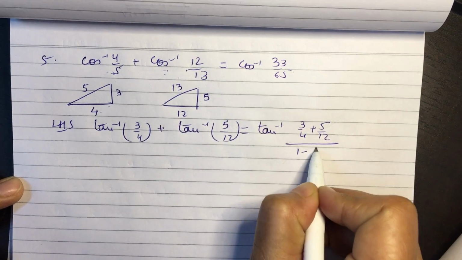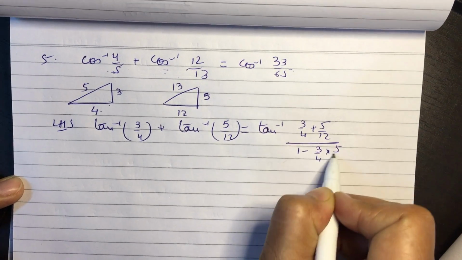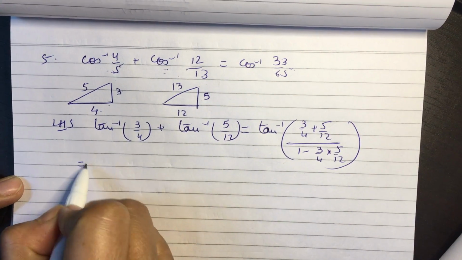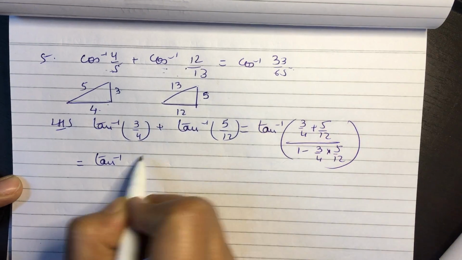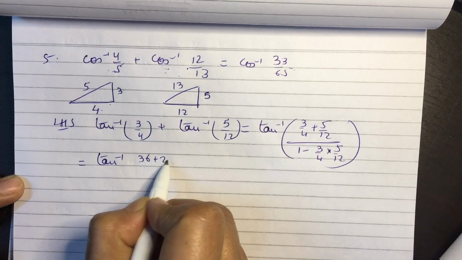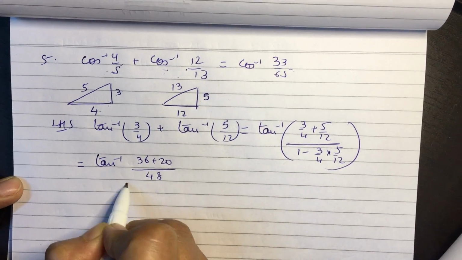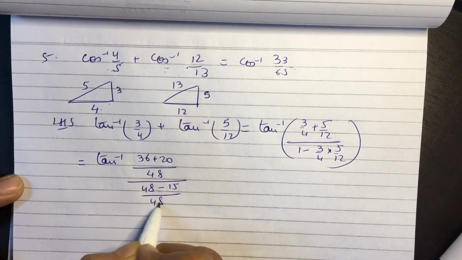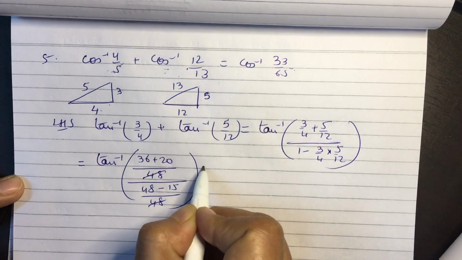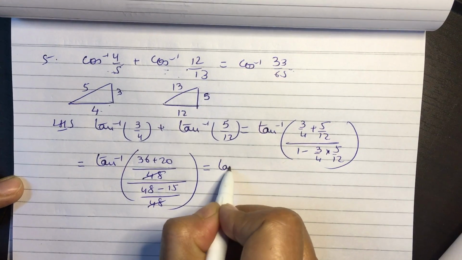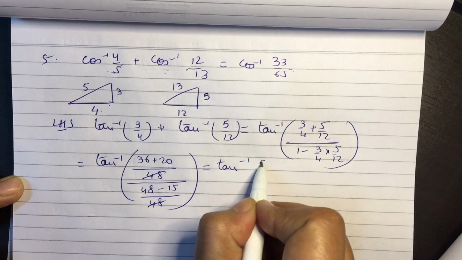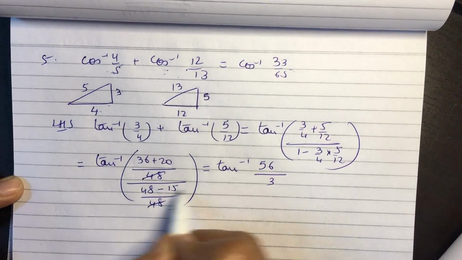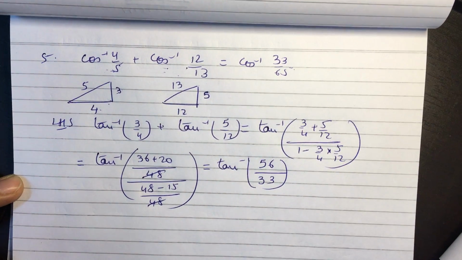12 upon 1 minus 3 by 4 into 5 by 12, which gives us tan inverse 36 plus 20 upon 48 whole upon 48 minus 15 over 48. This gets cancelled and you get tan inverse 56 over 33.